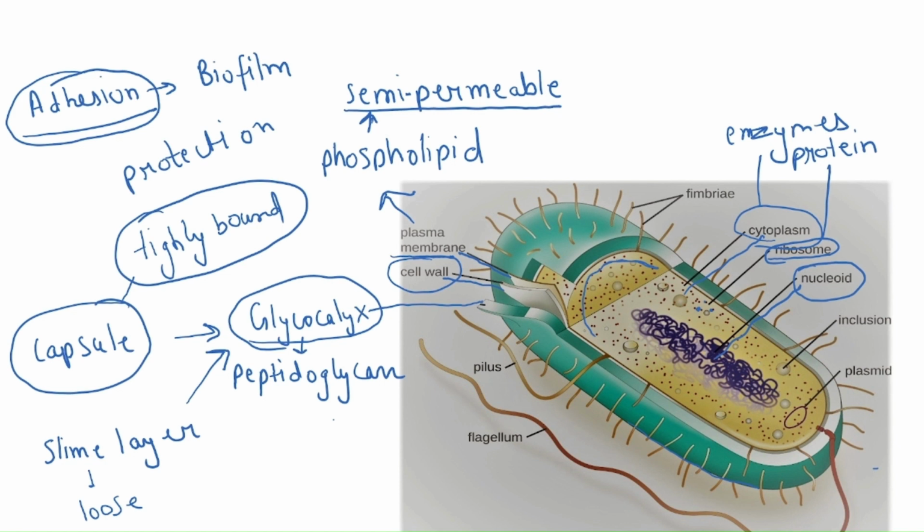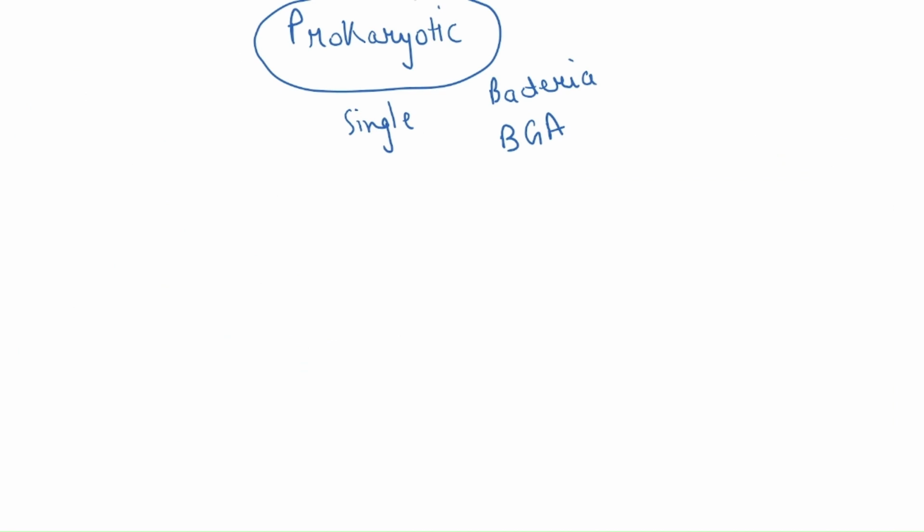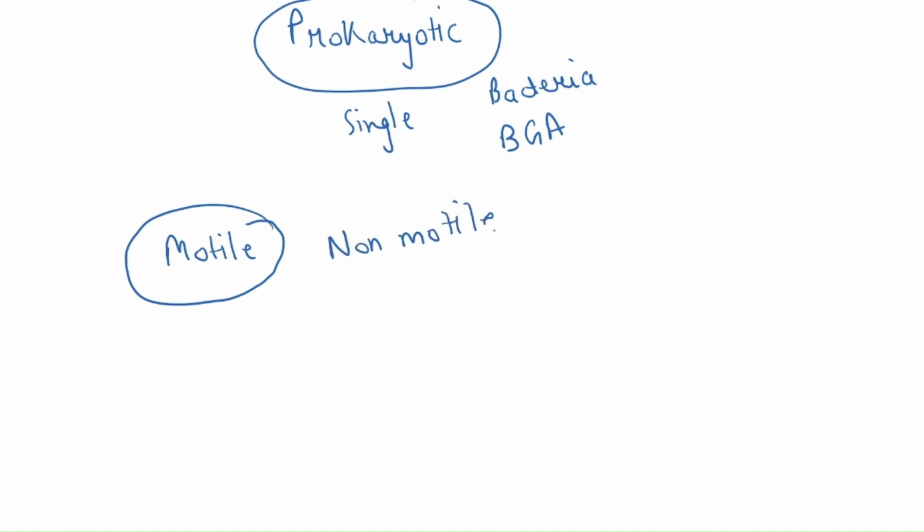Now let's discuss movement. Based on movement, bacterial cells can be motile and non-motile. Motile bacterial cells are the cells that show movement, while non-motile cells do not show any particular movement.